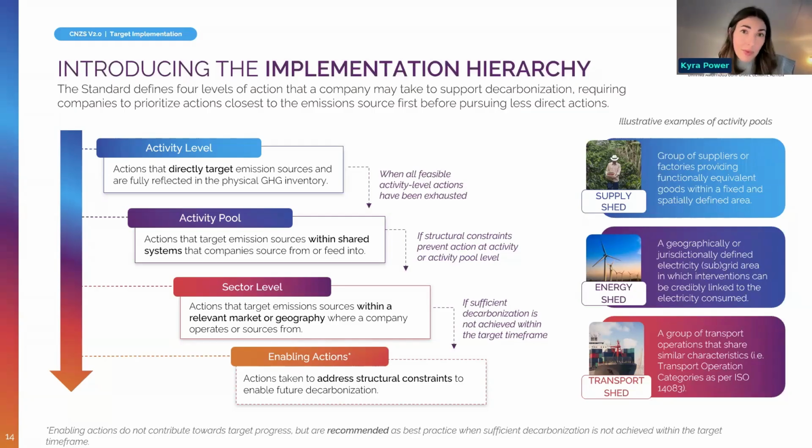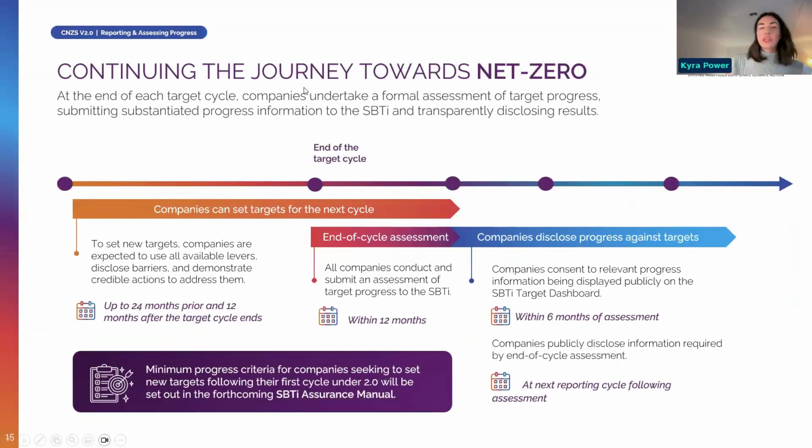And we'll get into some examples shortly to help put this all in context. Lastly, when sufficient decarbonization cannot be achieved within the target timeframe, companies are encouraged to take enabling actions. These contribute to overall systems transformation to enable future decarbonization. These actions do not necessarily count towards target implementation, but enhance credibility as a company progresses towards net zero.